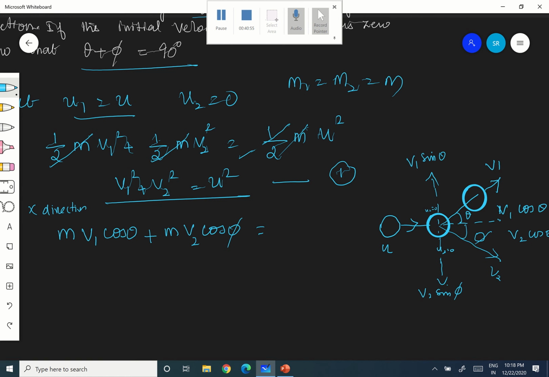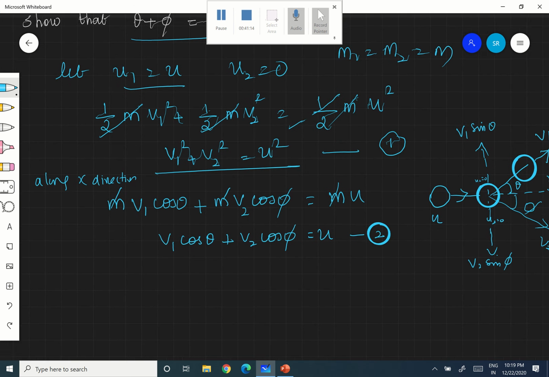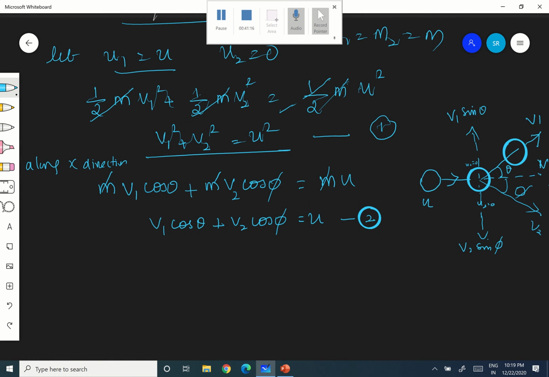Therefore only the first body has momentum, m into u. m will cancel, so you will get v1 cos theta plus v2 cos phi equal to u. This is the second expression, obtained by applying momentum conservation along the x direction. Now along the y direction.